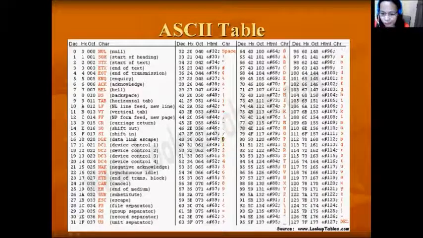So here are the ASCII values of 0 to 9. As you can see here, I want to call the capital A to Z. Here are the key ASCII values. And I have the small letters a to z from 97 until 122.